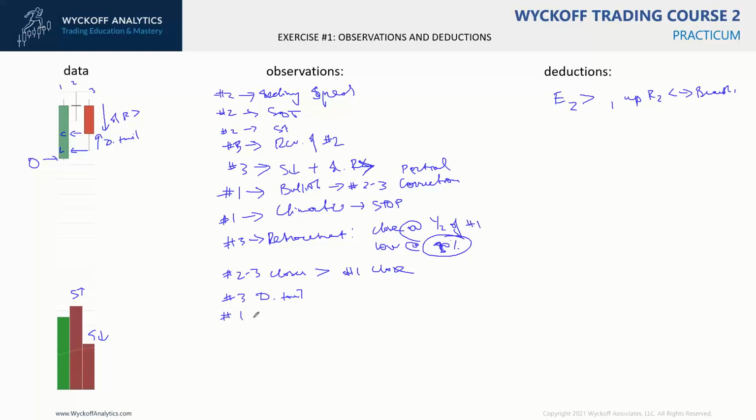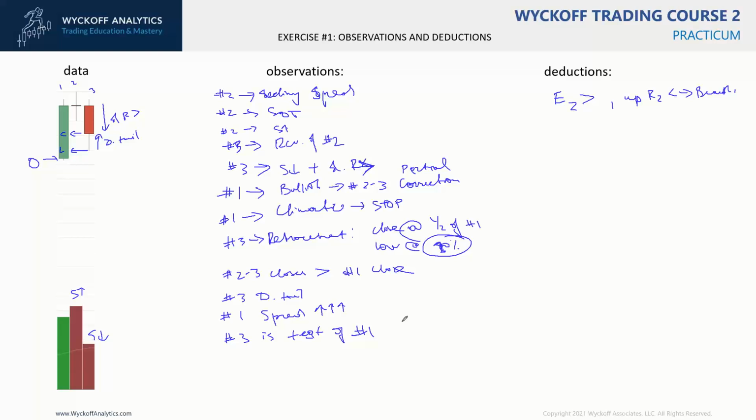Okay, number 1, spread increase. Third bar is a test. Okay, number 3 is a test of bar number 1. All right.